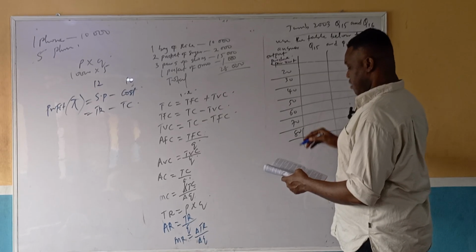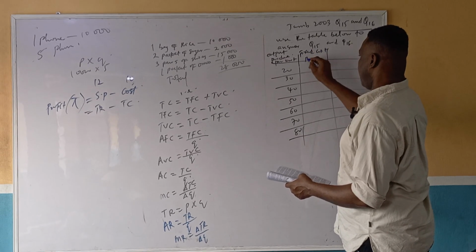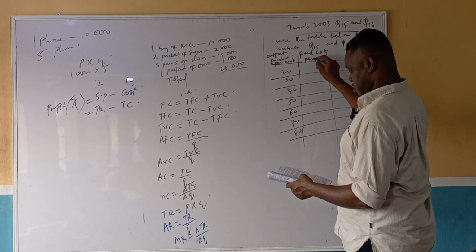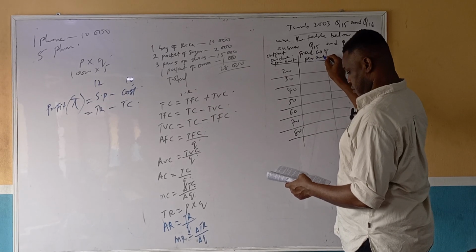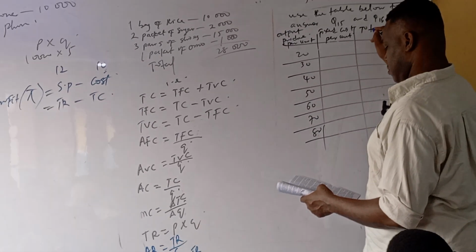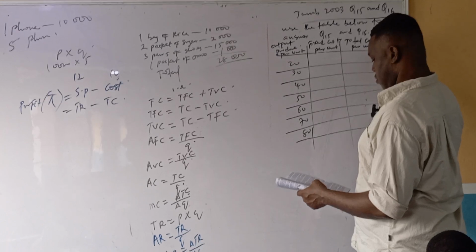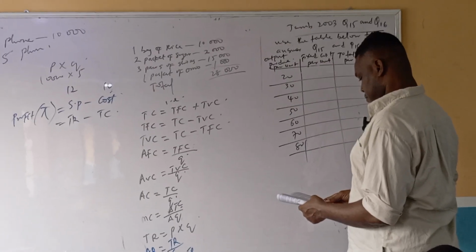You are given fixed cost per unit and total cost per unit.